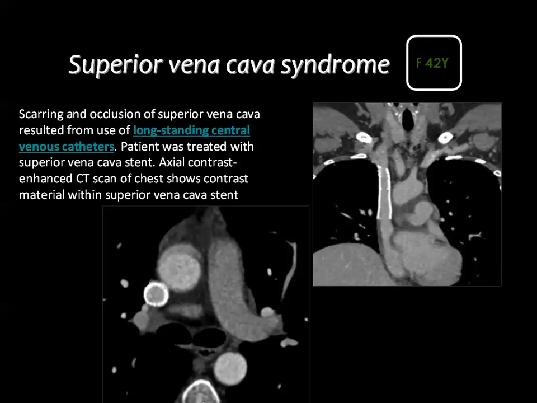One of the ways to resolve the superior vena cava obstruction, due to thrombosis or due to venous catheter placement, is to introduce a stent within the superior vena cava to maintain the lumen of the vein patent.